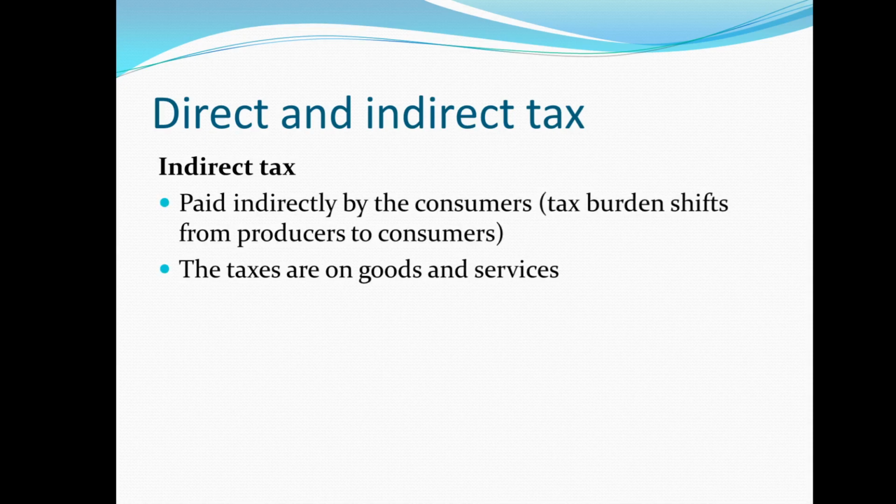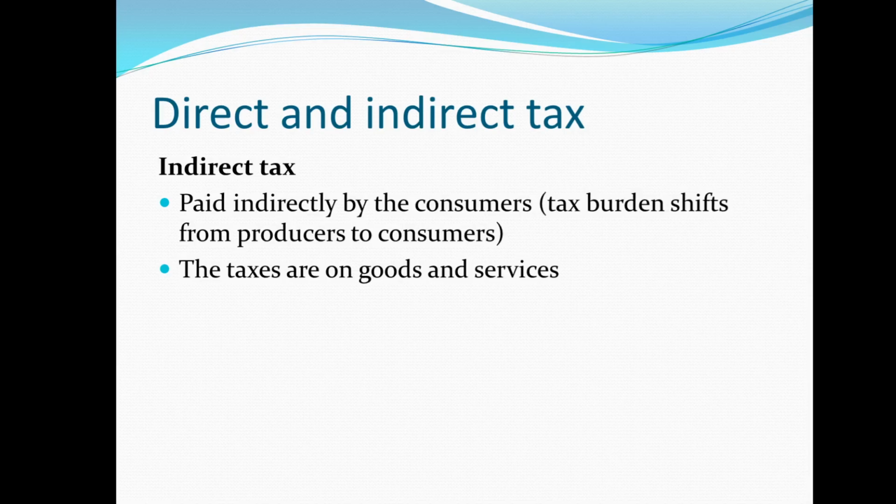Okay, so look at this, right? That's why it is called indirect tax. Originally the producer has to pay for the tax, but they can shift the tax burden to the consumers if they increase the price of the goods. That's why we call this an indirect tax.